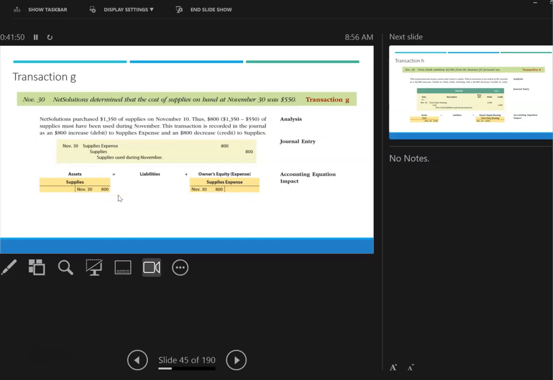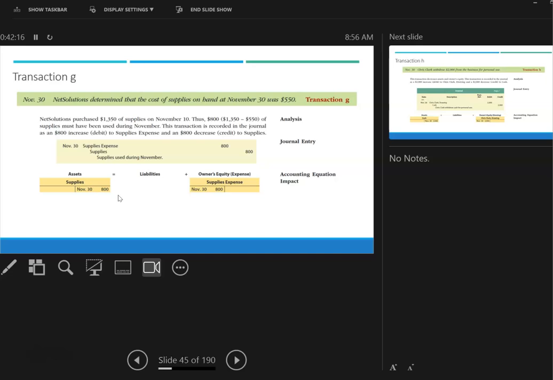Net Solutions purchased $1,350 of supplies on November 10th. Thus, $800 of the supplies must have been used during November. This transaction is recorded in the journal as an increase to supplies expense and an $800 decrease or credit to supplies.